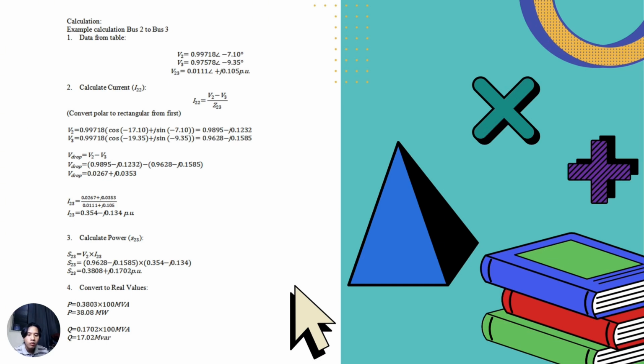Once converted from per unit to real value, our manual calculation yielded 38.08 megawatt of active power and 17.02 MVAR of reactive power for this specific line.